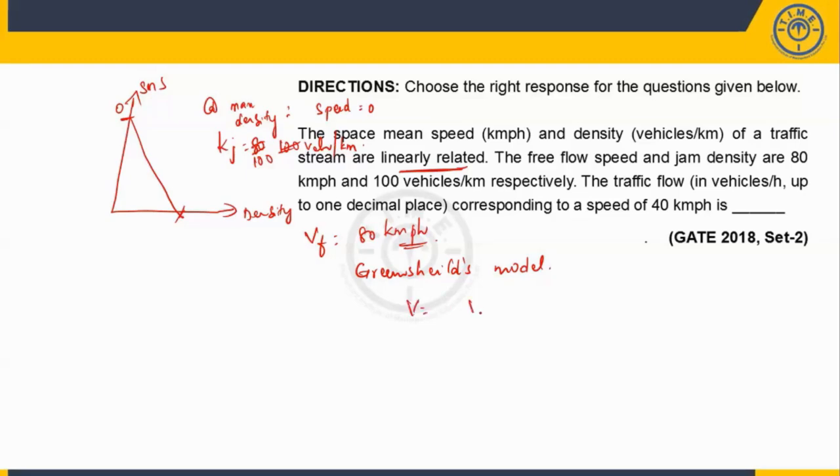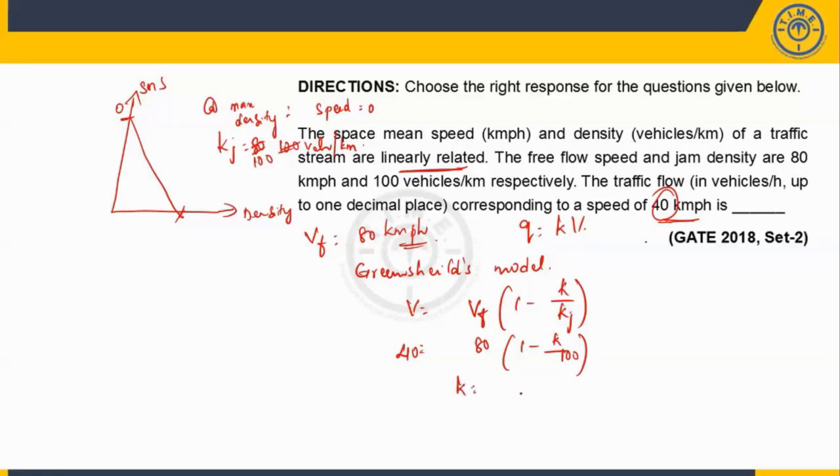That is given by V equal to Vf into 1 minus K upon Kj. So what is the traffic flow corresponding to speed, in vehicles per hour? First we will find out density K, then traffic flow Q is equal to KV. What speed do we require? 40 kmph. So 40 is equal to Vf, which is 80, into 1 minus K by Kj, which is 100.